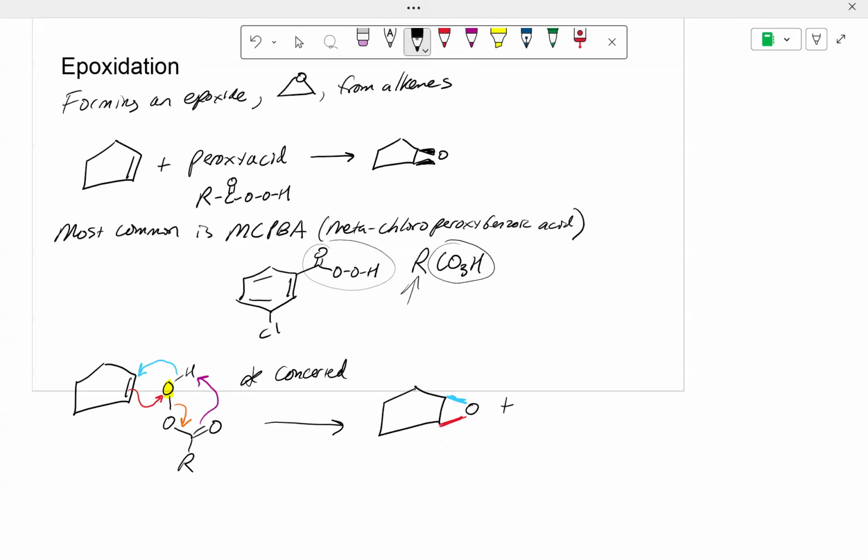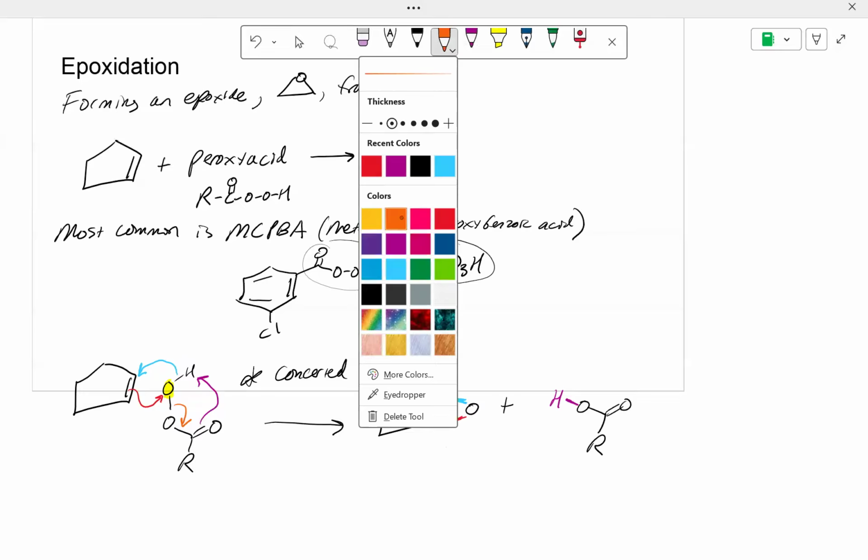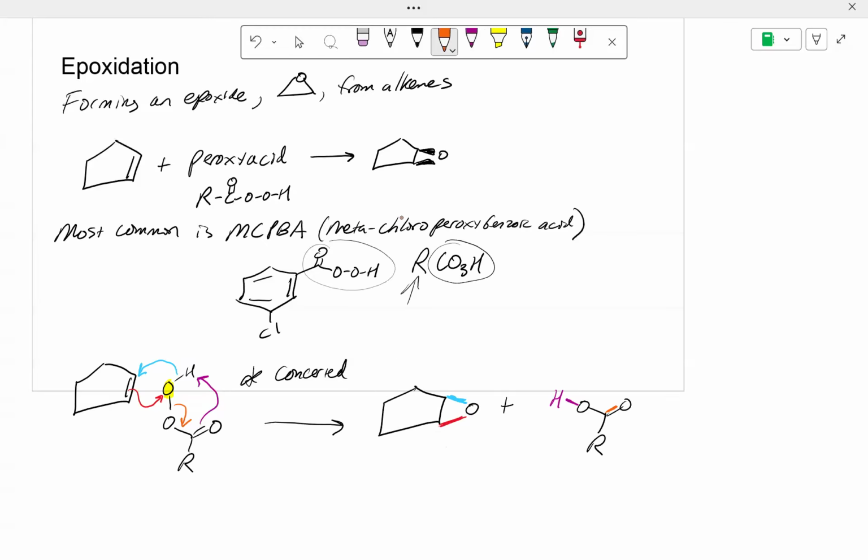And then as the side product, here is the purple arrow making a bond to that hydrogen. And then we use orange for the new pi bond here. All right, but the thing I want you to focus on the most is making the epoxide.